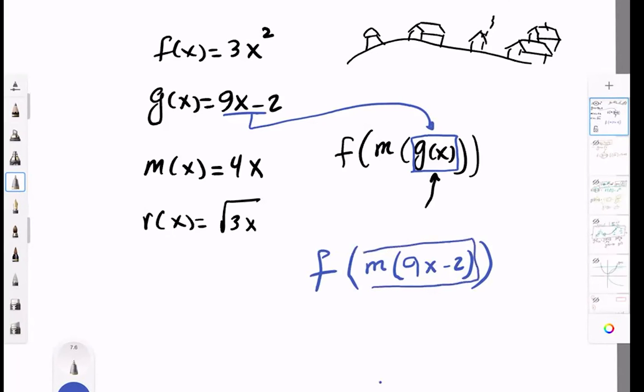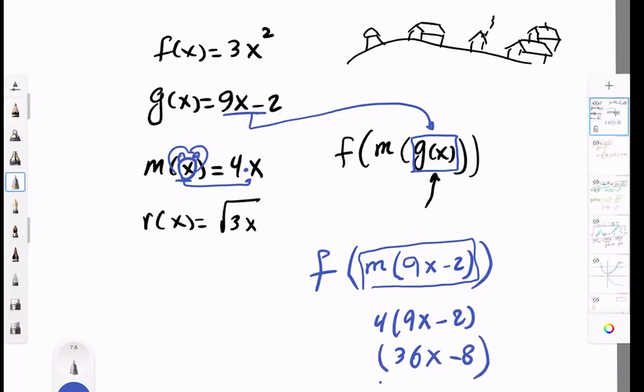M of x is 4 times x. If it's x here, you just multiply it by x. Now, if there is something else, whatever is that, if it's a monkey, whatever is that, you will be going to replace it with the x. So this will be 4 parenthesis 9x minus 2, 36x minus 8.